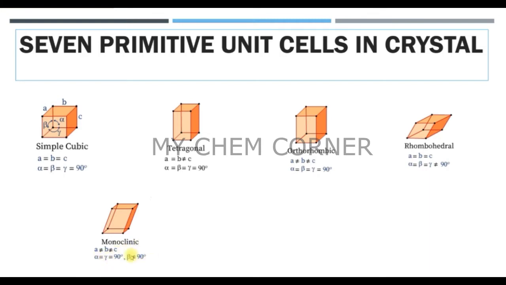But beta alone is not equal to 90 degree. If you can see, the entire diagram is a little tilted. This particular angle is beta and it is not equal to 90 degree. But the remaining two, gamma is here and alpha is here, that is equal to 90 degree.